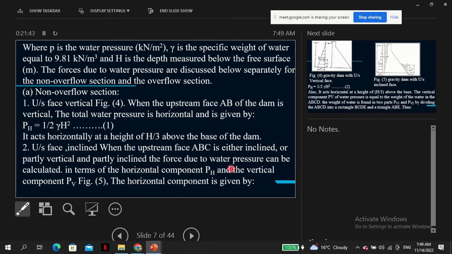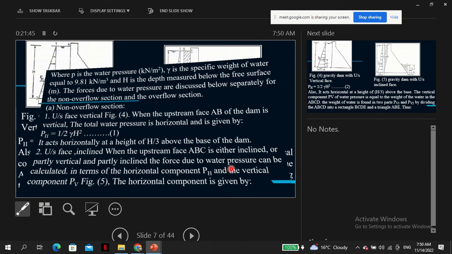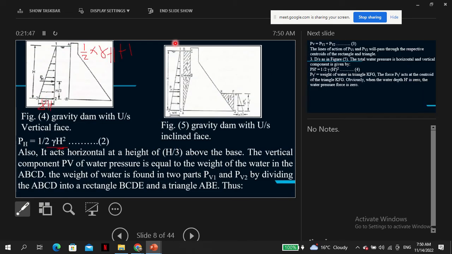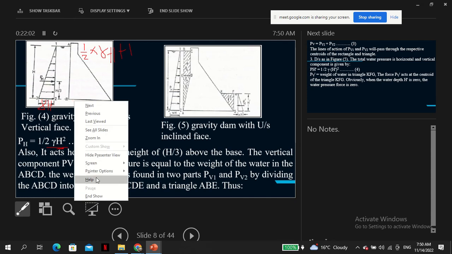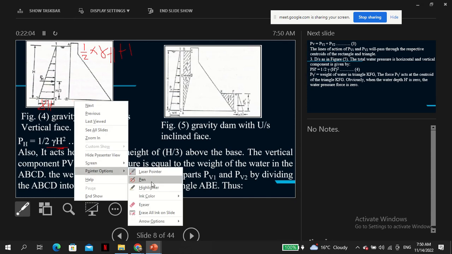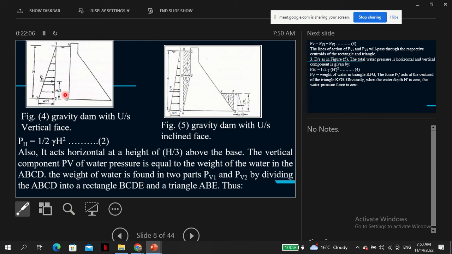Sometimes for a vertical face, but sometimes we have this can be inclined. The face AB can be inclined, or if not inclined, can be partially inclined and partially straight.